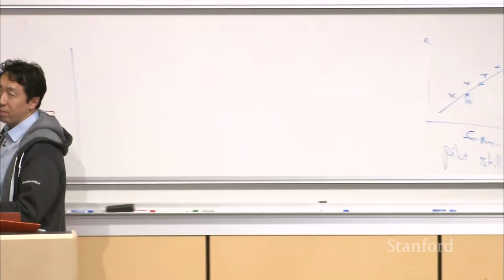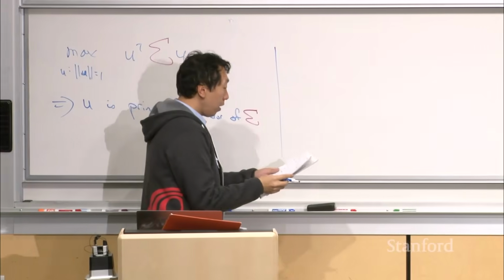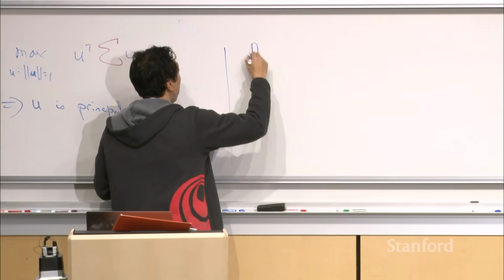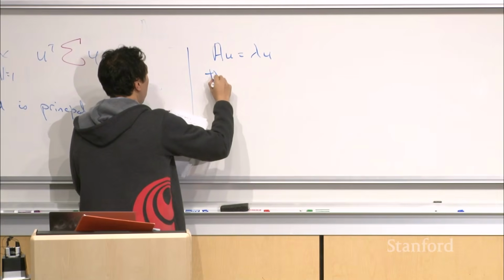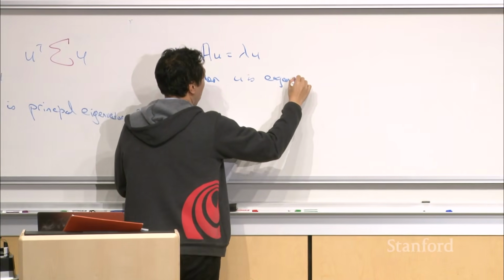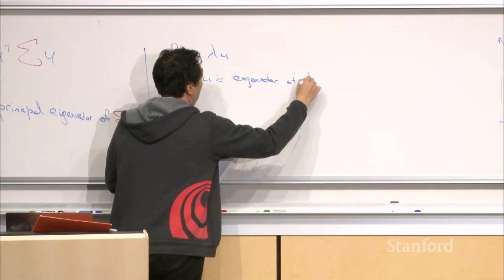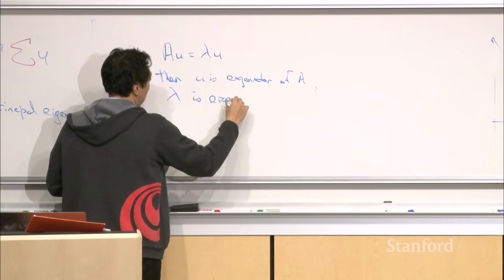Let me give a real quick explanation for why this is the eigenvector. Just recall, if Au equals lambda u, then u is an eigenvector of A, and lambda is the eigenvalue.